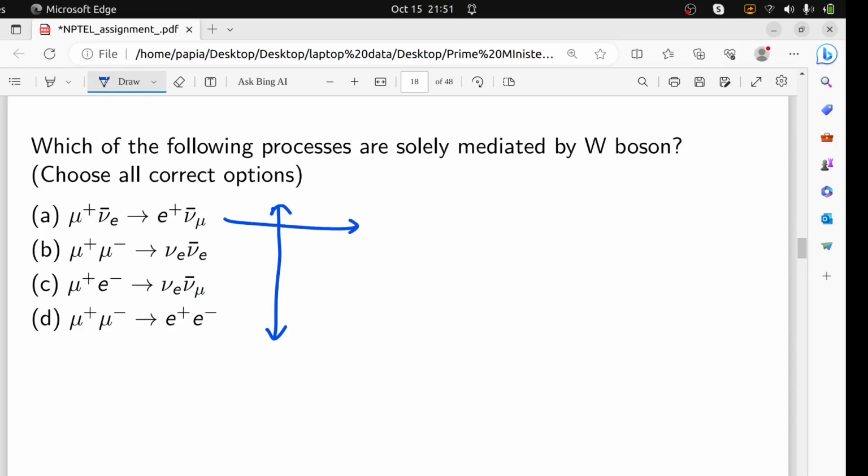Mu plus mu minus going to nu E bar. E plus mu plus E minus going to nu mu bar. And mu plus mu minus going to E plus E minus. So among these 4 options, which one will be the correct one, that this process is solely mediated by W boson? Okay, so we'll check that.